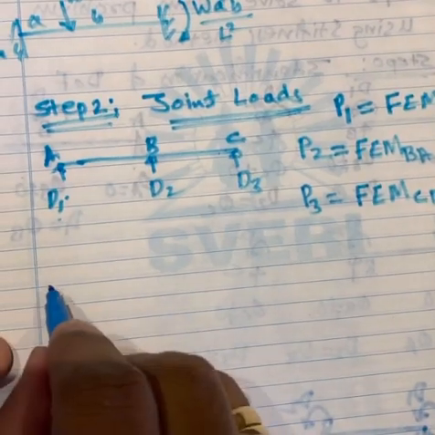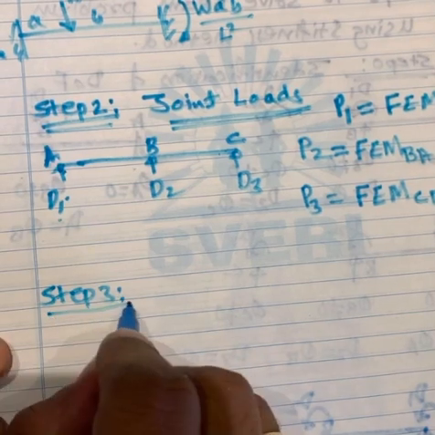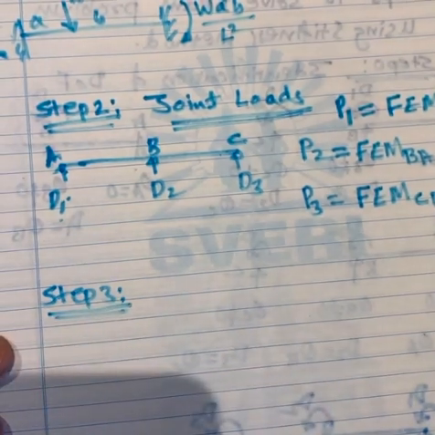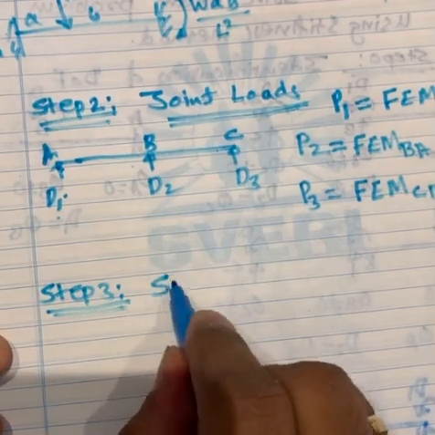So let us go to step 3. Once we calculate the joint loads, we go to step 3, that is stiffness coefficient calculation, or stiffness matrix calculation.